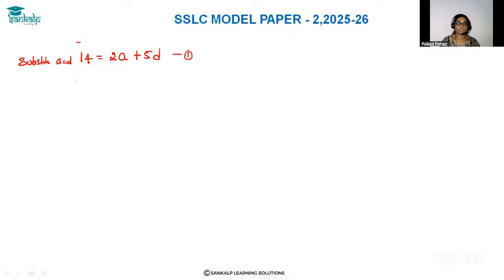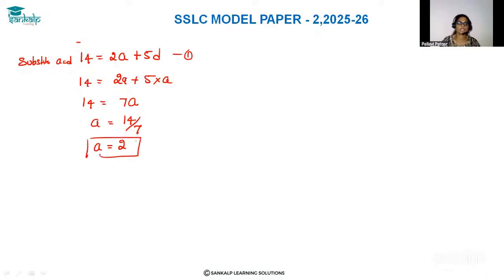So we get 14 is equal to 2a plus 5a, so 14 is equal to 7a. So a is equal to 14 divided by 7, so a is equal to 2. Since a is equal to d, d is equal to 2.